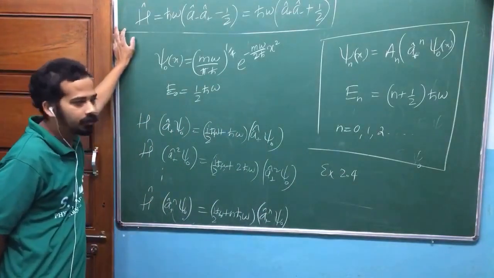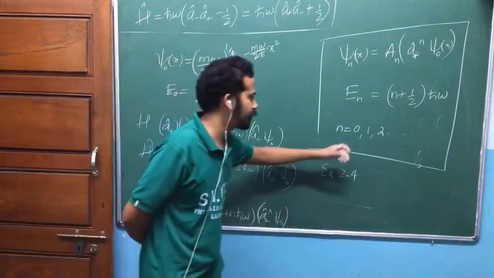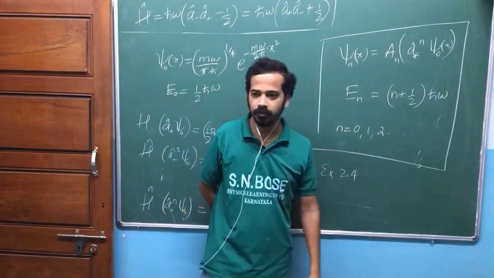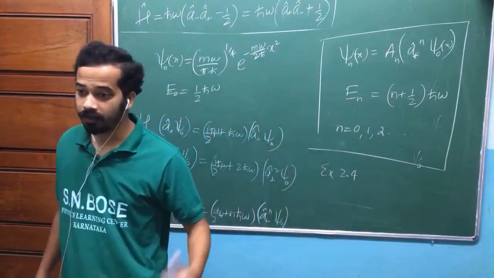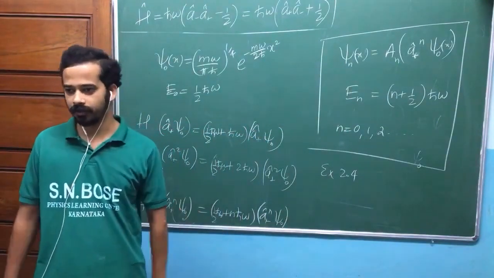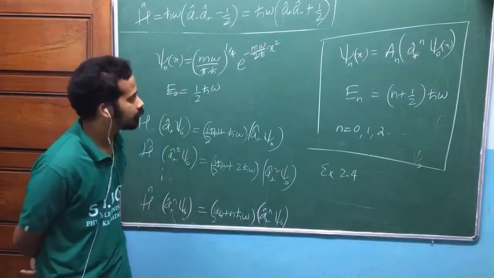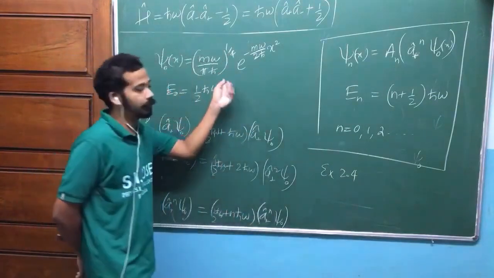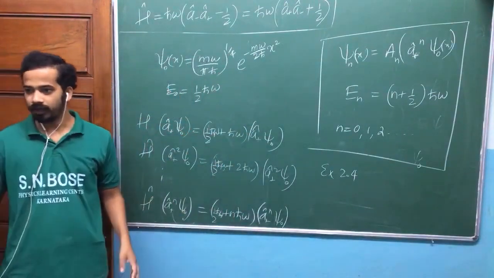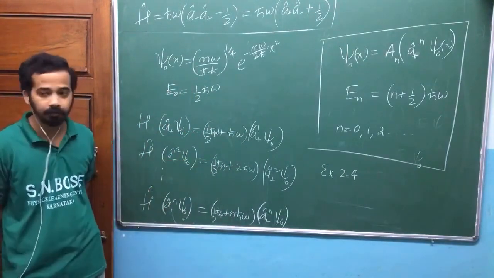Now look here. In the quantum harmonic oscillator, you can't have zero energy. If you put n is equal to 0, what is the lowest energy? Half h bar omega. But classically, we can keep it at 0 energy. In the case of the quantum harmonic oscillator, the wave function extends outside the classically allowed region also, which gives a probability of finding the particle over there.